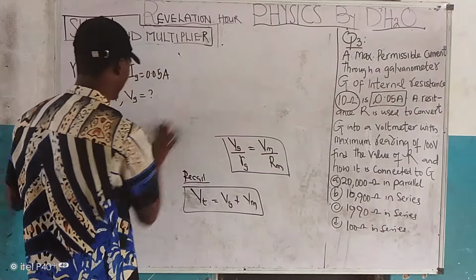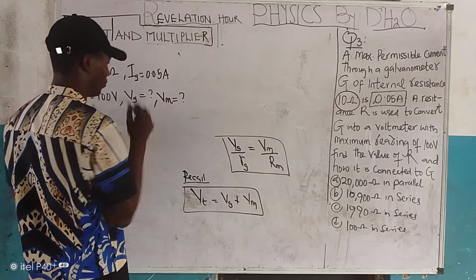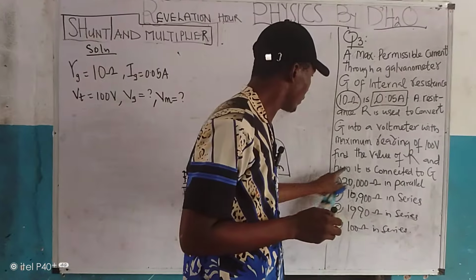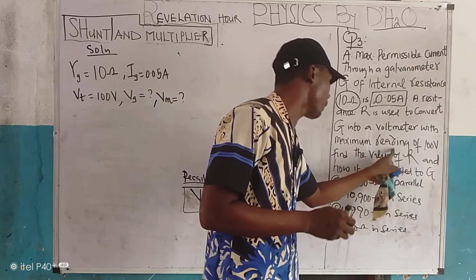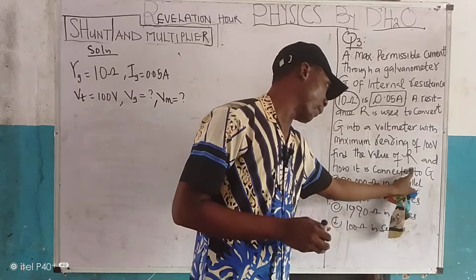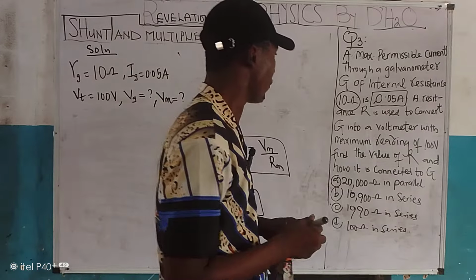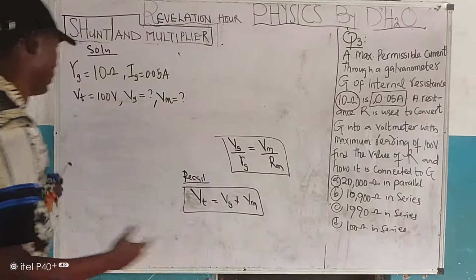We were not given Vg, we were not given Vm. Now, they told us that into a voltmeter with a maximum reading of 100 volts, that's V total, find the value of R and how it is connected to G. That means find the value of the resistance in the multiplier.